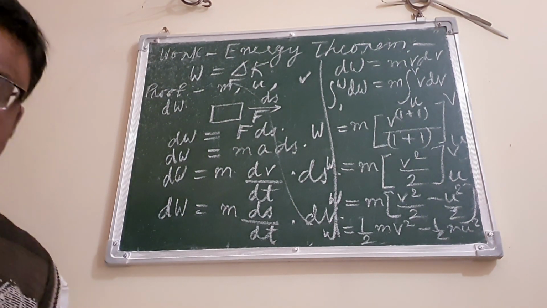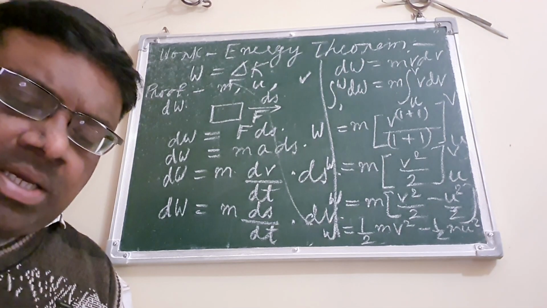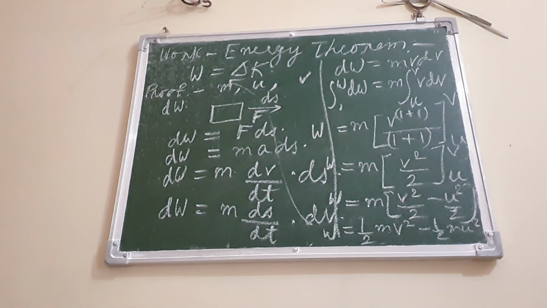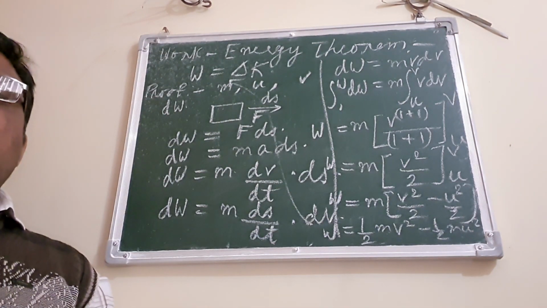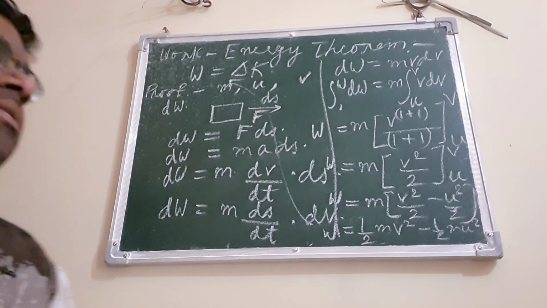According to the work-energy theorem, the work done on a body in displacing it by application of a force F is equal to the change in its kinetic energy. Suppose dW is the differential work done by a force F in displacing a body of mass m with an acceleration a through a small displacement ds.